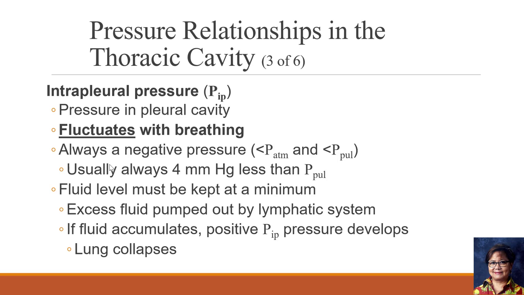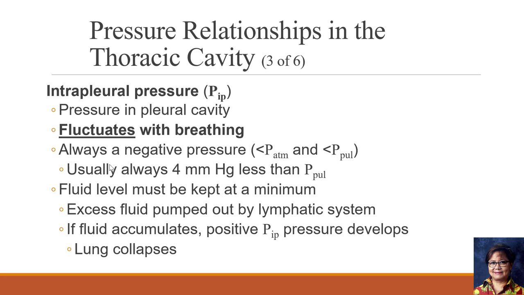To do that, there must be 4 millimeters of mercury less, which is already negative pressure. So if your pressure outside is 760 millimeters of mercury, the intrapleural pressure is actually 756.